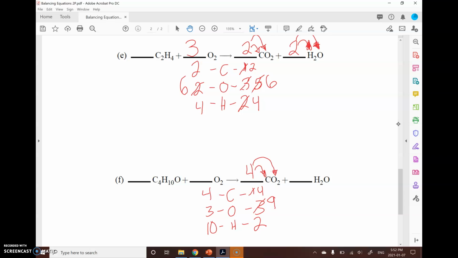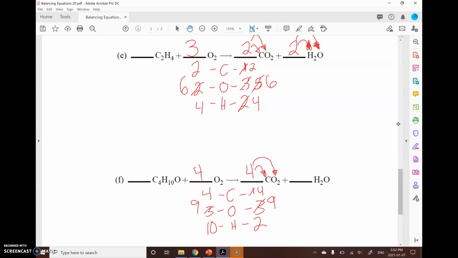I need a number here that's going to multiply to 8 because we're going to add 1, and that's going to give us 9. So if I put a 4 here, 4 times 2 is 8, plus this 1 here, that gives me 9. And now they are balanced.